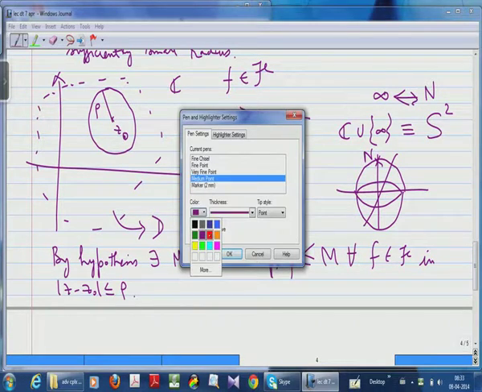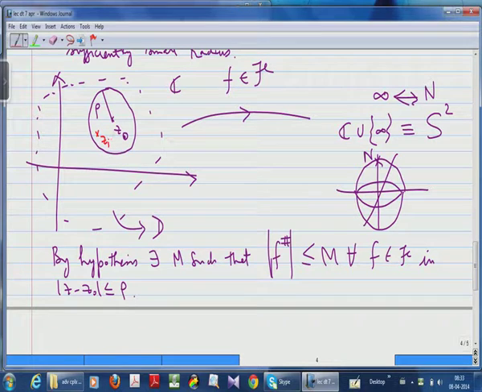If you keep that in mind, this is what is going to happen. Suppose I take 2 points, say Z1 and Z2, inside this closed disk, and I take the straight line segment from Z1 to Z2, and I call this segment L. Then if I take the image of this segment under this map f, where f is any meromorphic function in the collection script F, I am going to get something on the Riemann sphere.